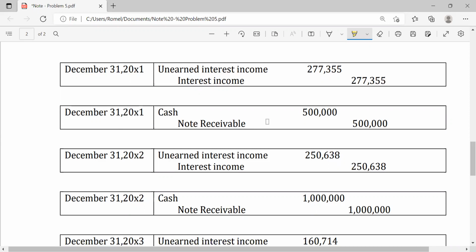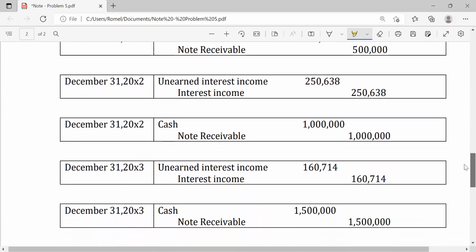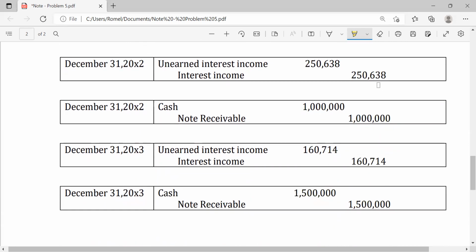Therefore, debit cash, 500,000 pesos. Credit note receivable, 500,000 pesos. And then, for December 31, 20X2, we will recognize again interest income. So debit unearned interest income, 250,638.